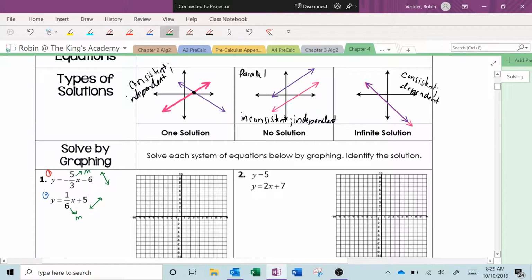So if we graph the first line, let's do that one in red. We began at -6, so I want you guys to put a point on the y-axis at -6. Then we are going to rise 5 and run 3. But make sure that it's decreasing.